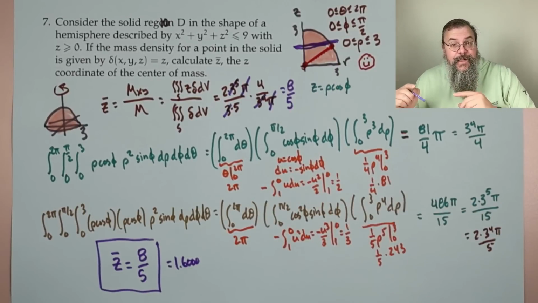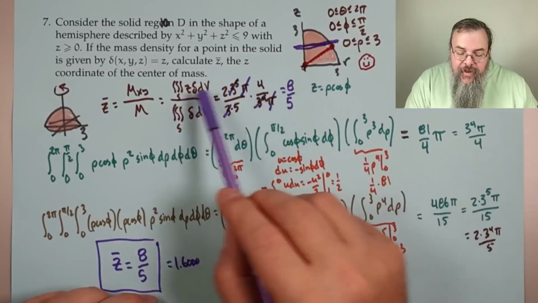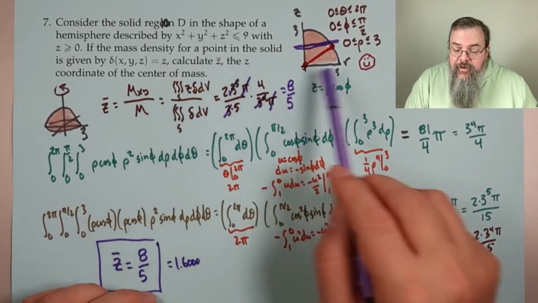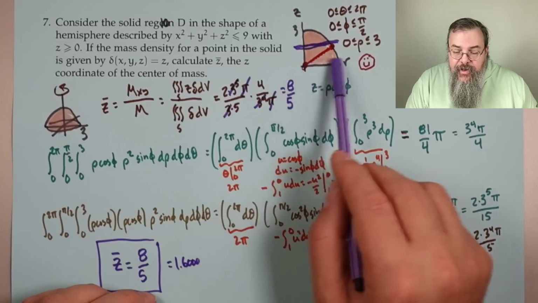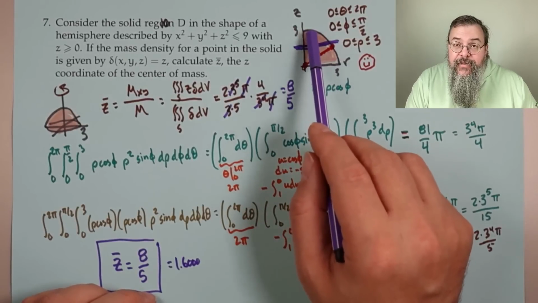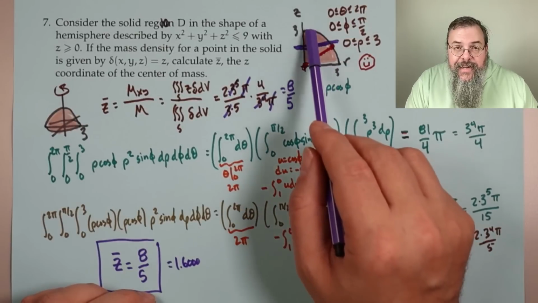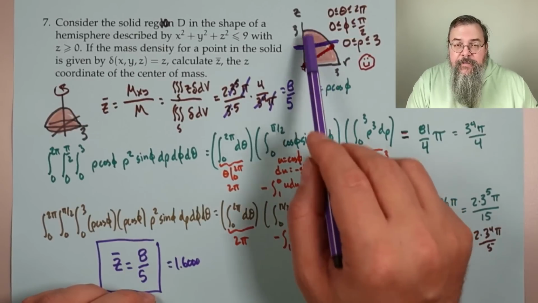That's true. But think about density. Where is the dense part? The dense part depends on Z. So it's very sparse here, very dense here. So there should be a bit of a bias towards the top. Even though there's more shape below, there's more density above, and so it roughly balances.